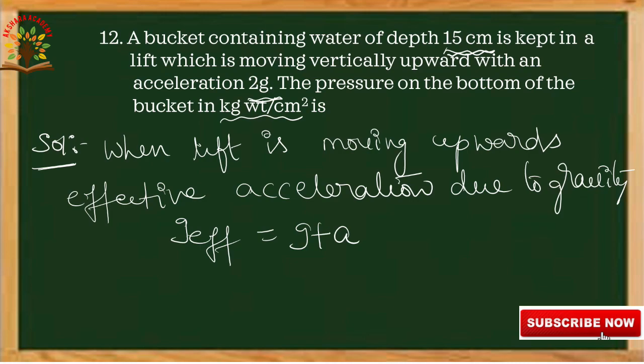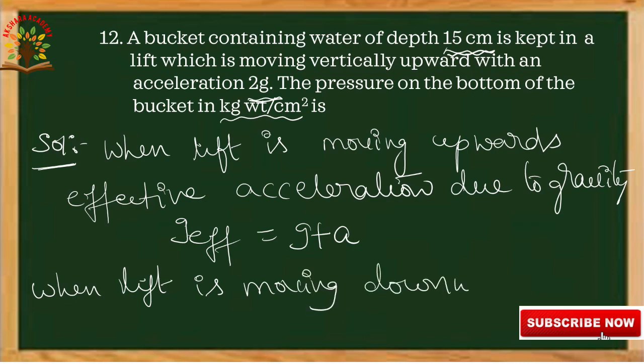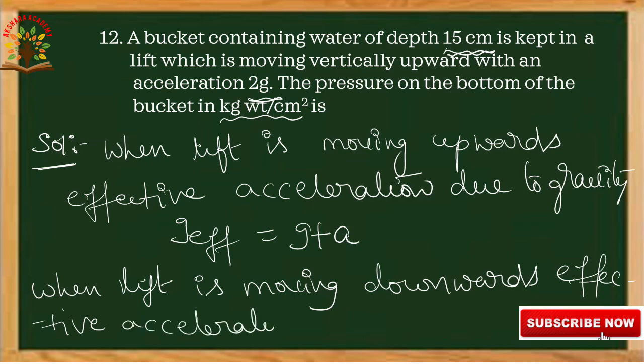This is the first case. Suppose the lift is moving downwards, the effective acceleration due to gravity, g effective, is equal to g minus a.